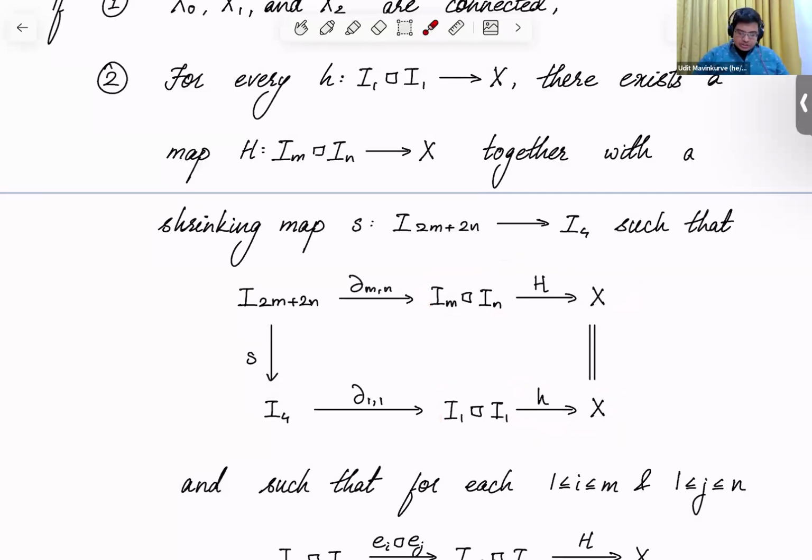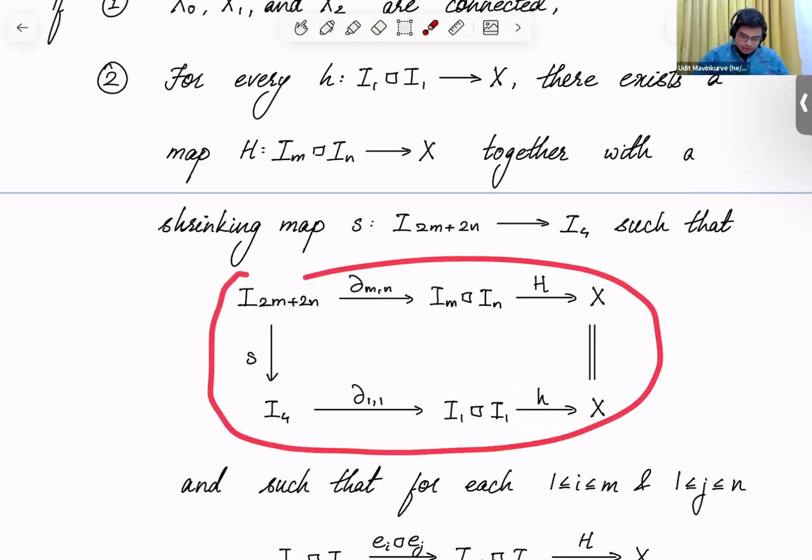What we mean by subdivision is that you start out with the 1 by 1 grid and subdivide, so that the boundaries have to agree. That's what this condition is saying.